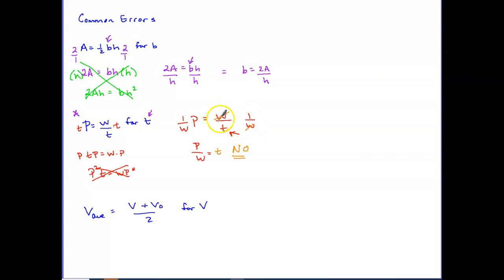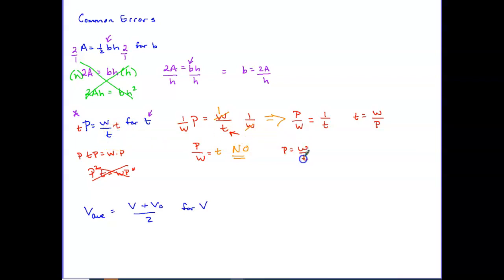This doesn't magically invert that term. The w cancels with the w, leaving a 1 over t. And so the correct answer to that would be p over w equals 1 over t, or t equals w over p.